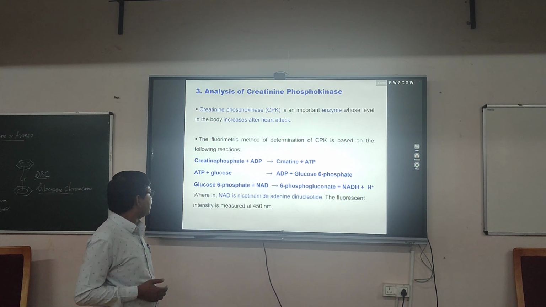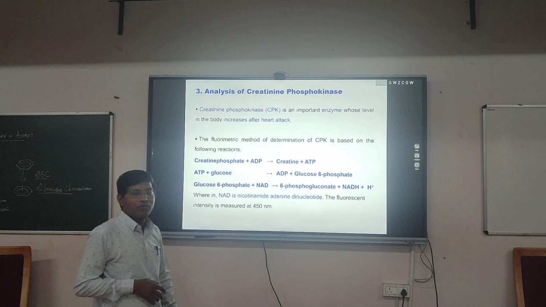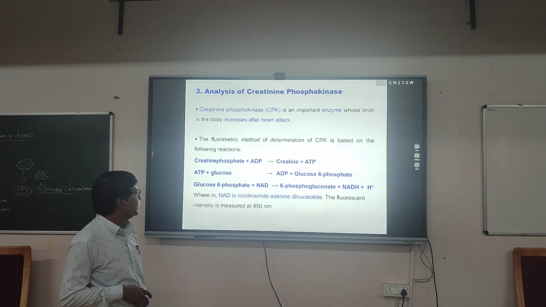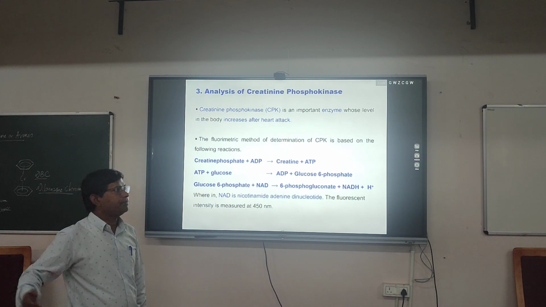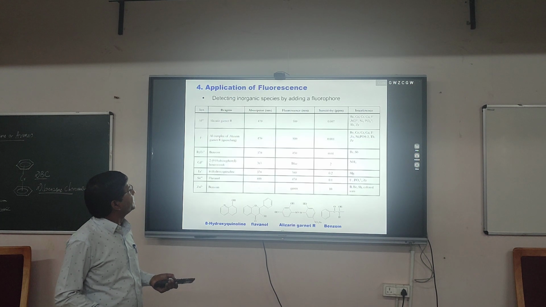This fluorescence light is measured at 450 nanometers. In this way the creatine phosphokinase present in a blood sample can be determined.